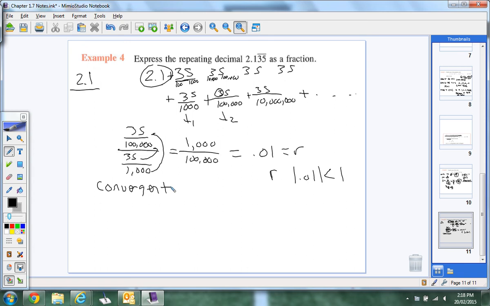With that, we will go ahead and use the formula. We're just keeping this as our term 1. Because it's A over 1 minus R, we're going to go 35 over 1,000. That's my A, term 1, because we're setting the 2.1 aside because it's not a part of the pattern. Over 1 minus R, which is 0.01.